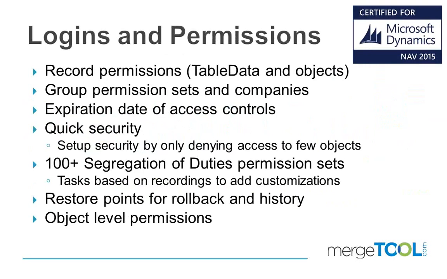As you assign permissions to users, we also group the permission sets and we also group the companies. When you're dealing with typically 20, 50 permission sets and maybe 5, 10 different companies, it can be a lot of records.